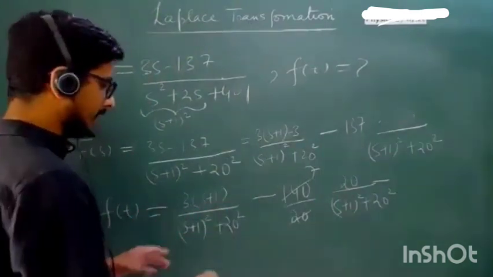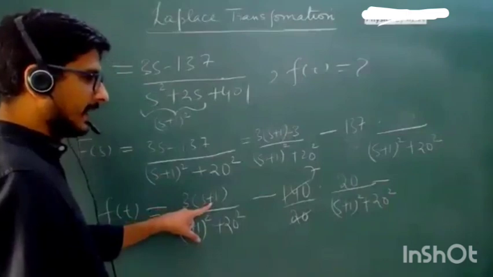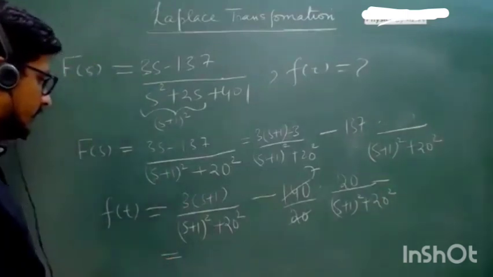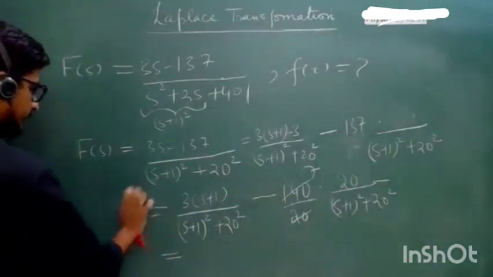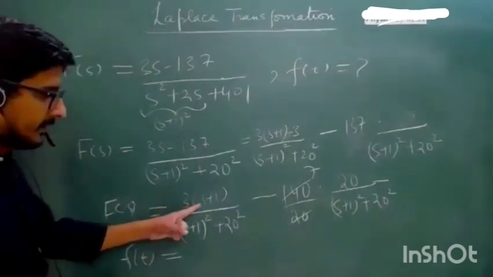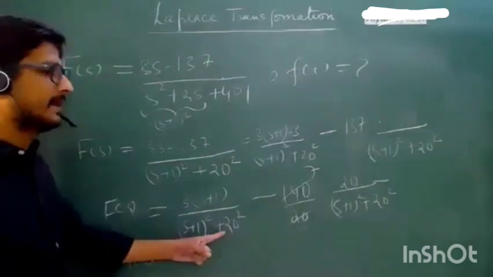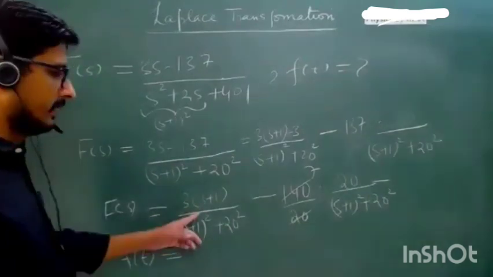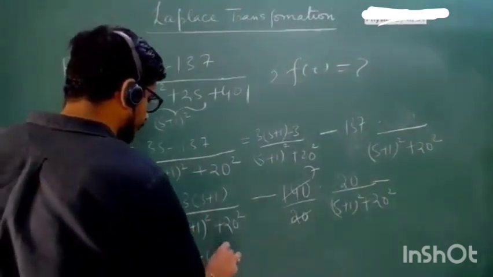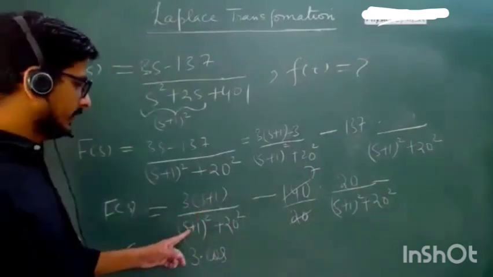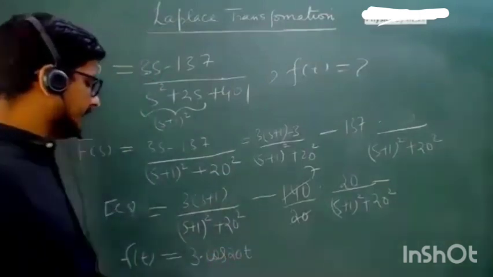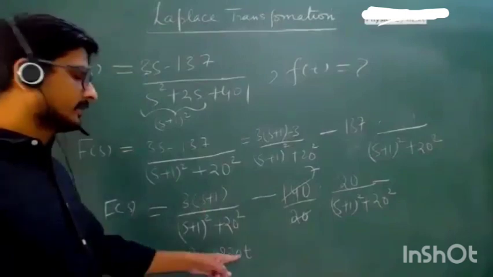Now everything is ready. If you understand why I brought s plus 1 here, it is because shifting will be involved. Right now it is F(s), so now I am going to write f(t). First of all, s upon s square plus a square is cos, so 3 times cos of, with s upon s square plus 20 square, first of all it is cos of 20t.